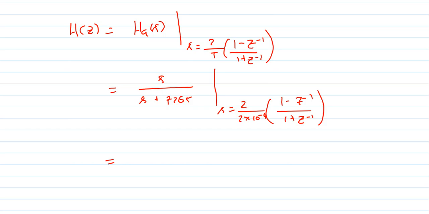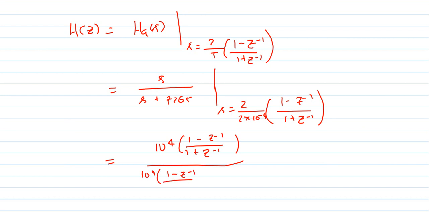So if I apply this, the 10 power minus 4 goes to the top, and I'll get 10 power 4 into (1 minus Z inverse) by (1 plus Z inverse), divided by 10 power 4 into (1 minus Z inverse) by (1 plus Z inverse) plus 7265.